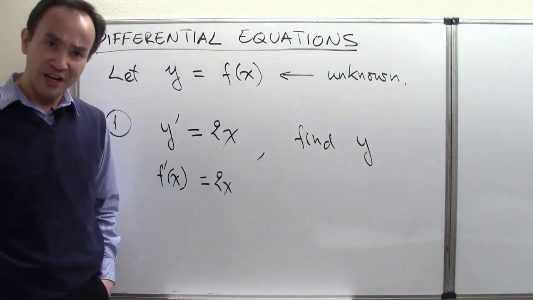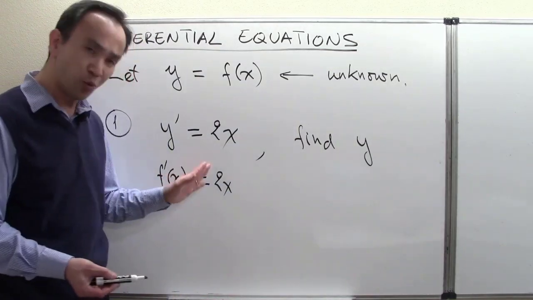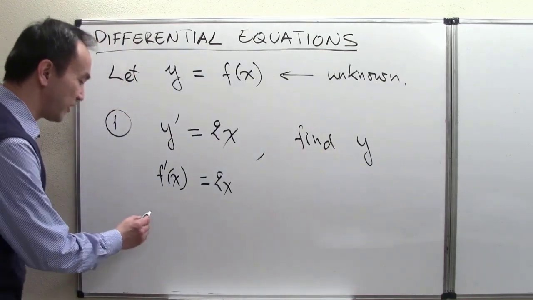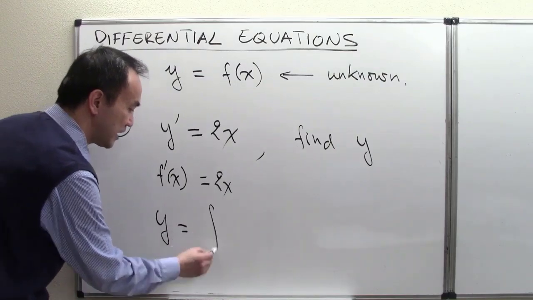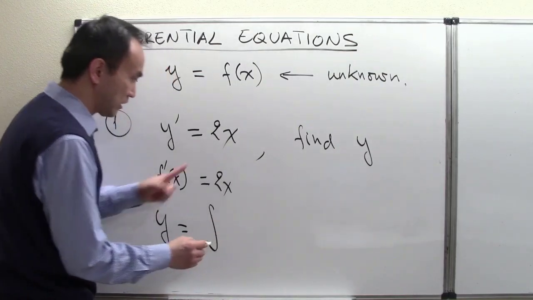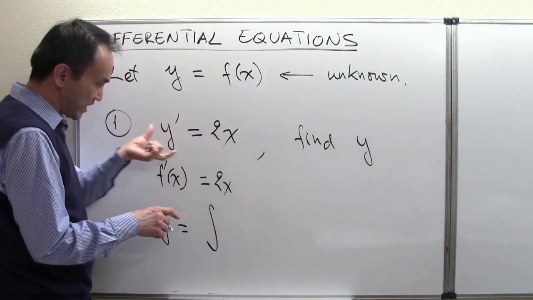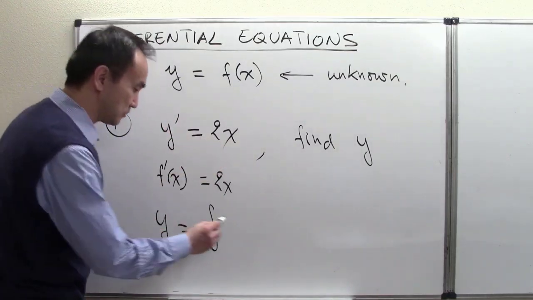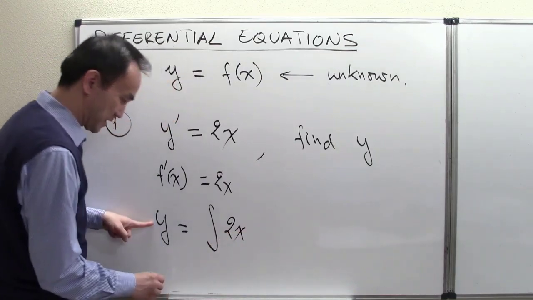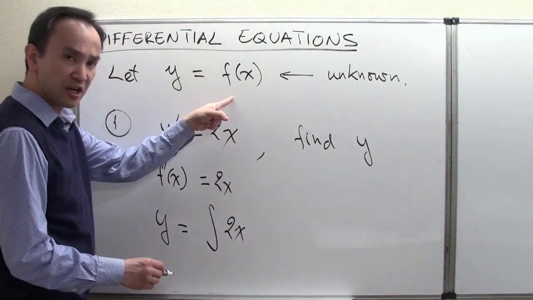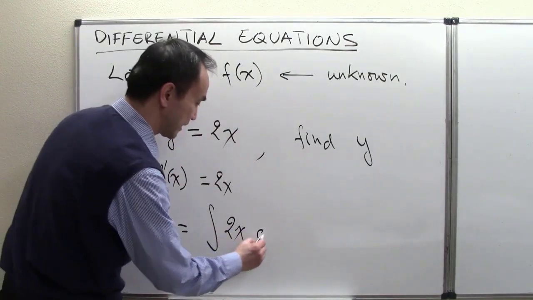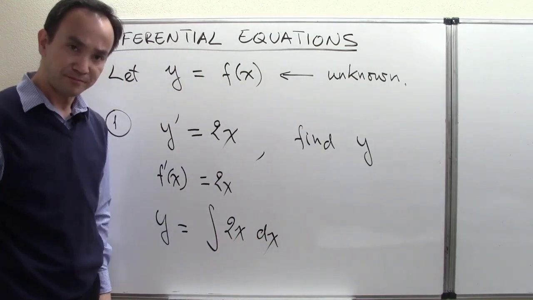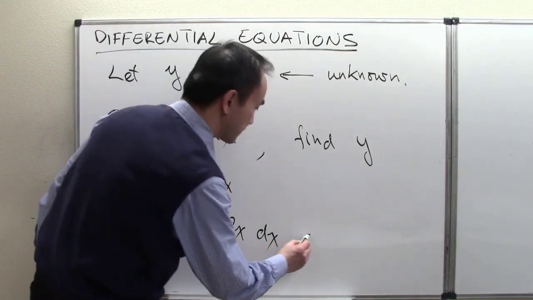For anyone learning Calculus 2, this goal of the problem is very common. We simply find y by taking the integral. Since we have an explicitly given derivative, we can find that unknown function f of x by taking the integral of 2x.